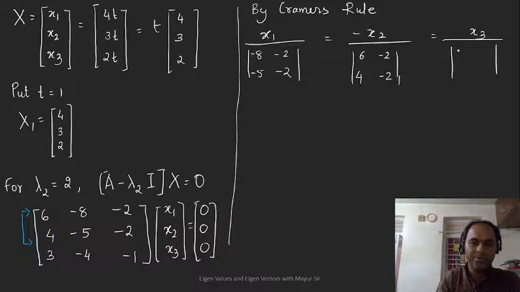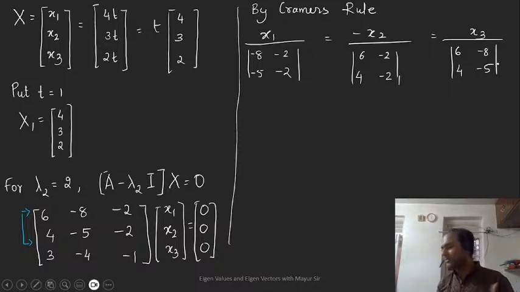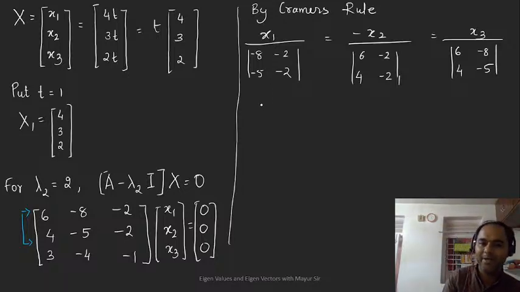Hide the third column, I mean to say columns. Hide the first column, second column, and the third column. So 6, 4, -8, -5. Do that. Can you get the answer? If you are solving, let me know what answers are coming in the comment section.